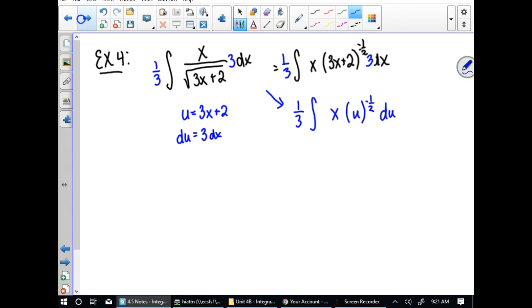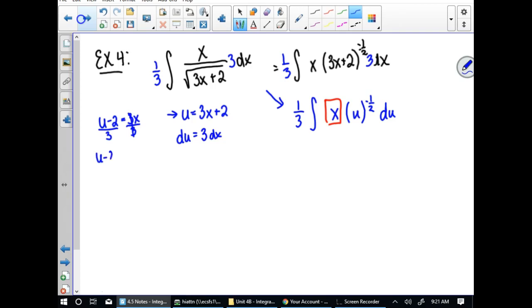And so if you have that, you got to replace this x right here. So to replace that x, we're going to go back up to what we said the u was. And so this would be u minus 2 equals 3x. And we would divide by 3.